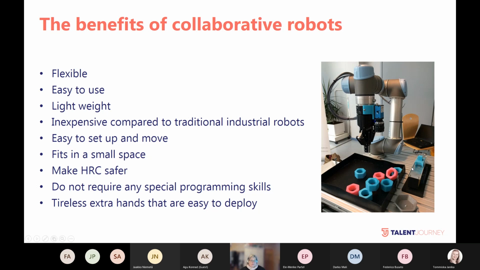They have told that first they bought 3 collaborative robots, and in less than 2 years, they had already bought 40 collaborative robots.